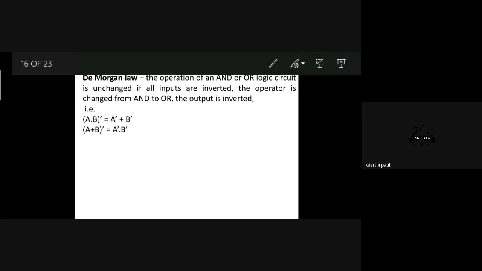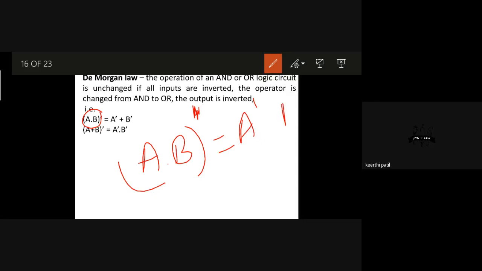See, the statement says the operation of an AND or OR logic circuit is unchanged. If you take this expression, A dot B, the whole bar, what happens? This negation comes to the individual variables, A bar and B bar, and initially it was an AND operation, now it gets converted to an OR operation.